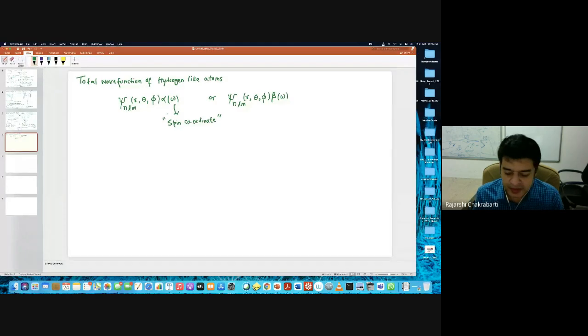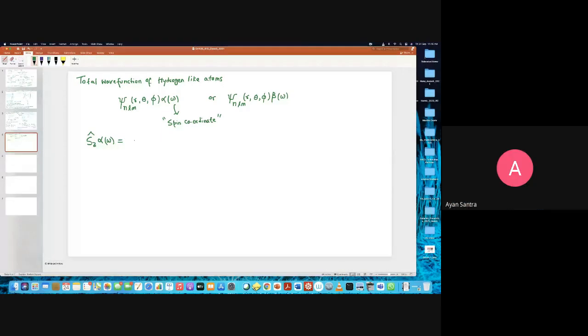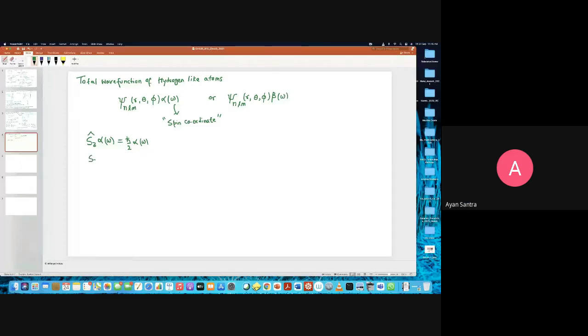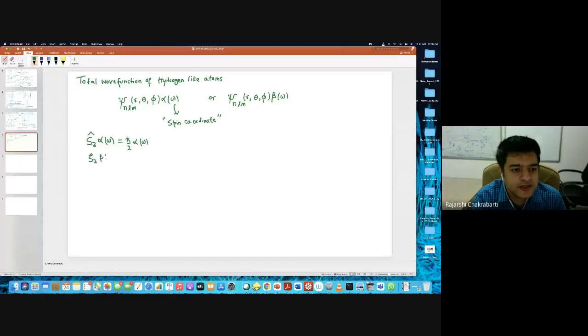Okay. Now if this operator Sz operates on alpha of omega, what will be the answer? Can anyone tell me? It will be h cross by 2 into alpha, isn't it? Yes, sir. And if Sz operates on beta, this is minus.